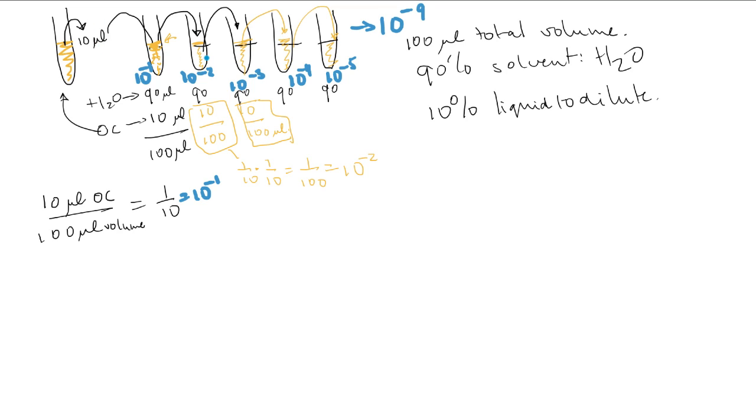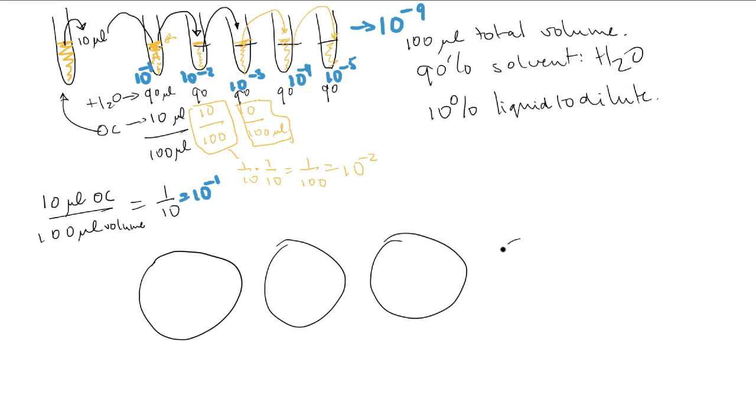Once we've made the serial dilution, and after every time that we've mixed in bacteria, we mix it really well, then we plate bacteria from each of these tubes and put that on an agar plate.